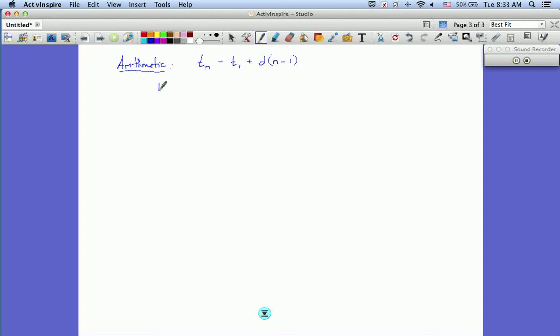So let's say you are given T1 equals 5 and the difference is 3, and you are asked to find the 13th term. Sure, we could just say 5, 8, 11, I'm counting on my fingers here, you can't see that, 14, 17, 20, and so on until I get to the 13th term.